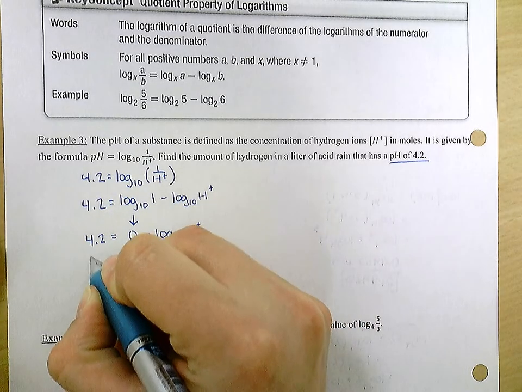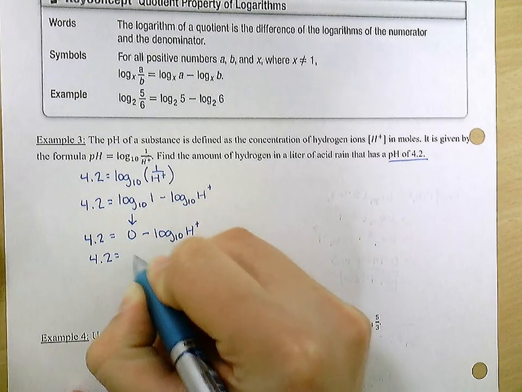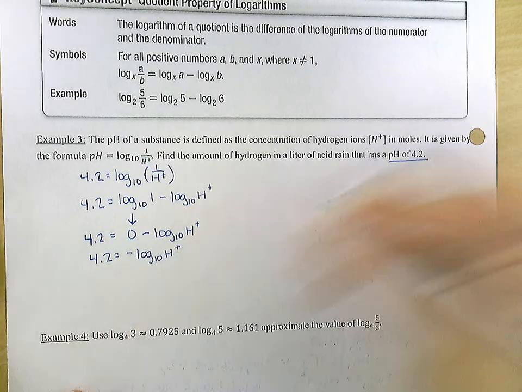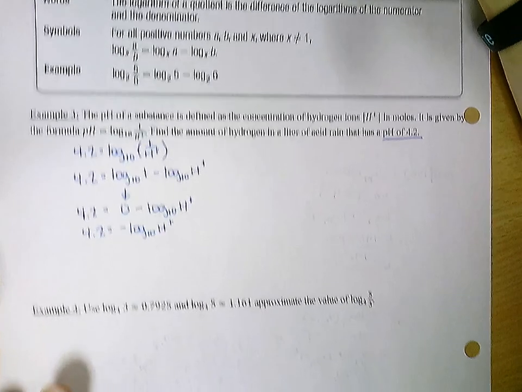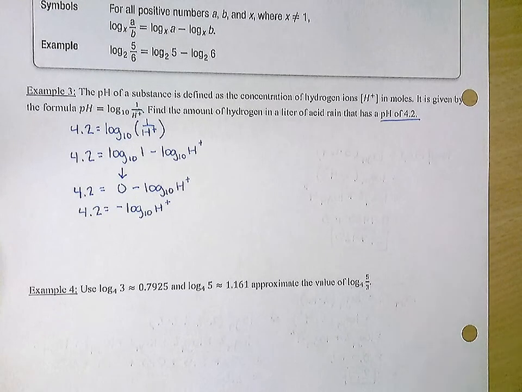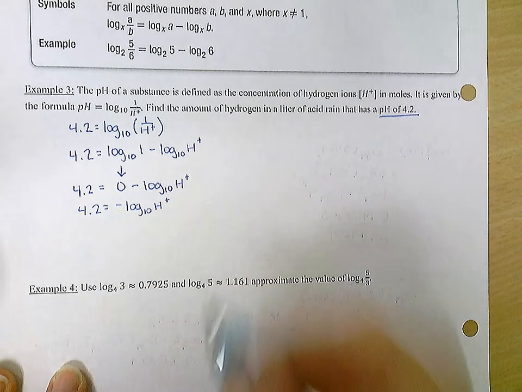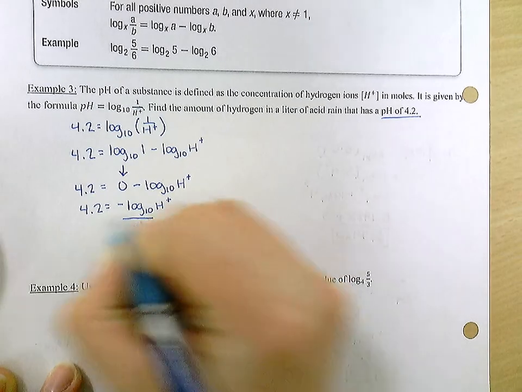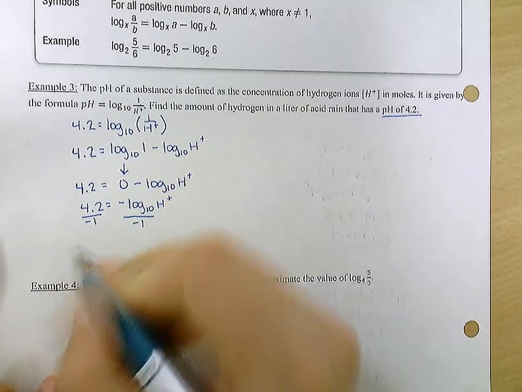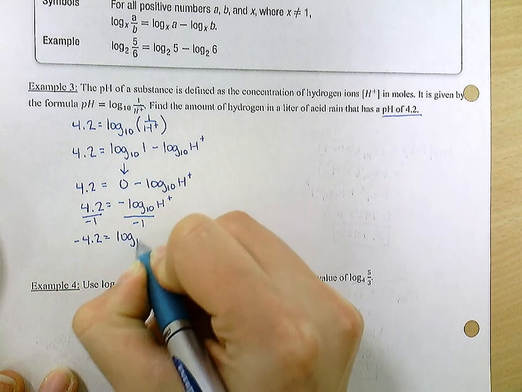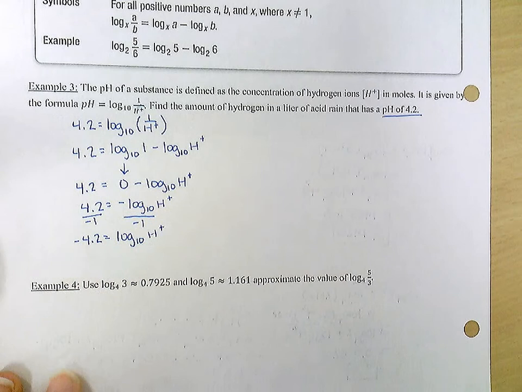So now what I have is 4.2 is equal to negative log base 10 of H plus. Before I bring in a base 10 to get rid of that logarithm, I'm going to divide by negative 1 because I don't want this negative here. So I have negative 4.2 is equal to log base 10 of H plus.